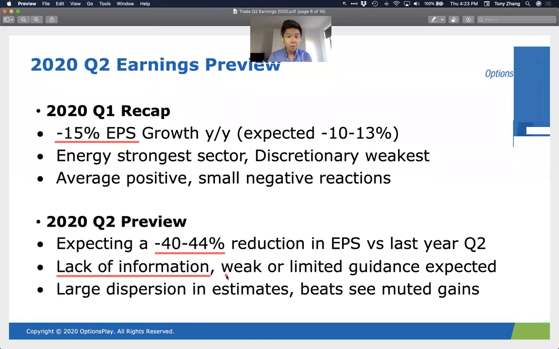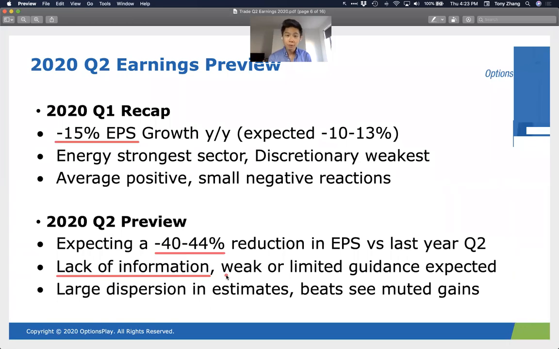Normally, we have a vast majority of the S&P 500 names providing guidance on what they're expecting for the next quarter and the full year in terms of revenue. We now have only about 120 to 150 stocks out of the whole S&P 500 providing any form of guidance on expectations for revenue and earnings per share. So that is a huge lack of information that we currently have in the market.